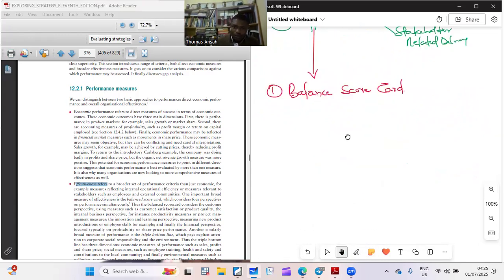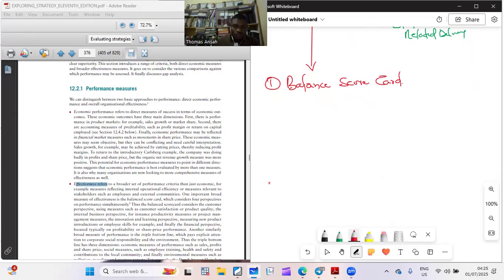Now, you can also use the triple bottom line. All these things cover the entire concept of your internal performance and also your relation to the stakeholders. Then number three, you can use the performance matrix.